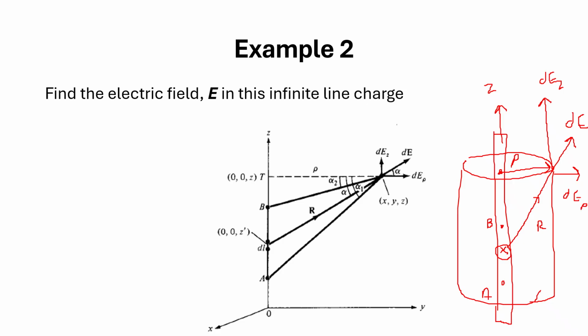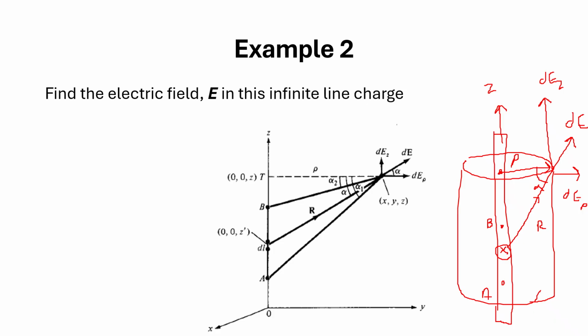The angle made from here is alpha. Then from point B to this point, it makes the angle alpha 2. And from point A, it makes the angle alpha 1.